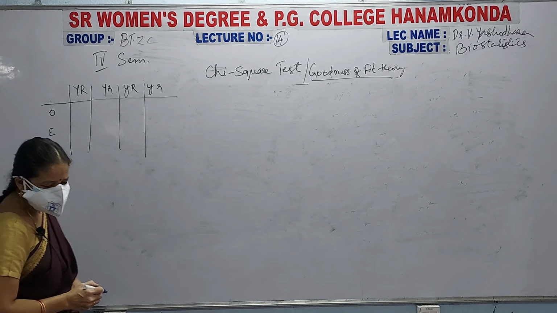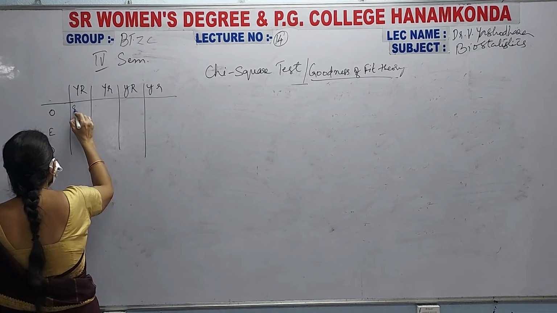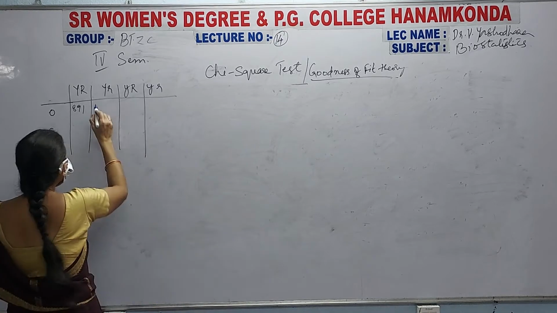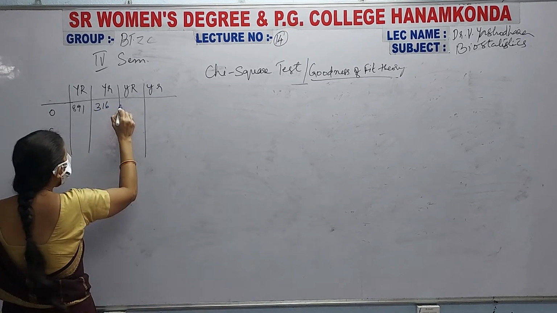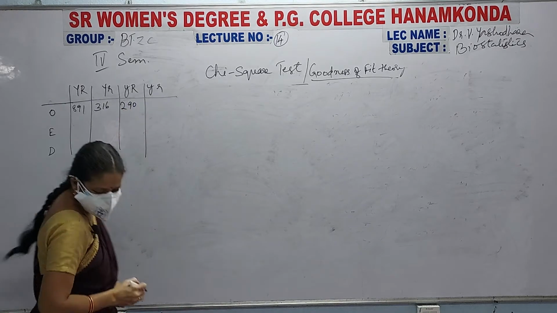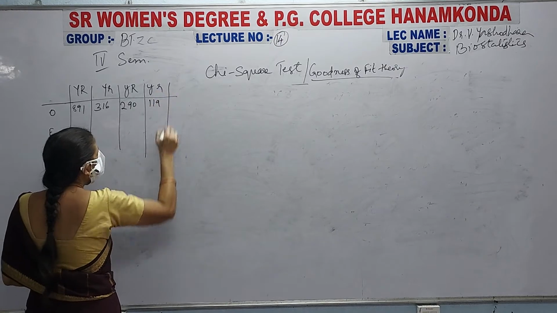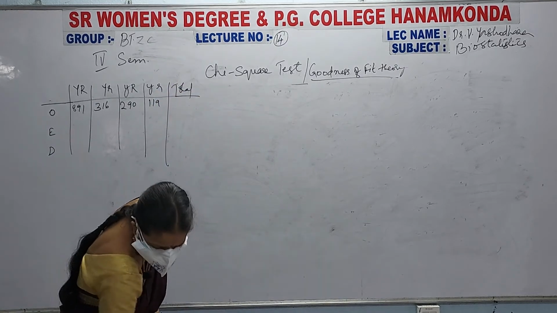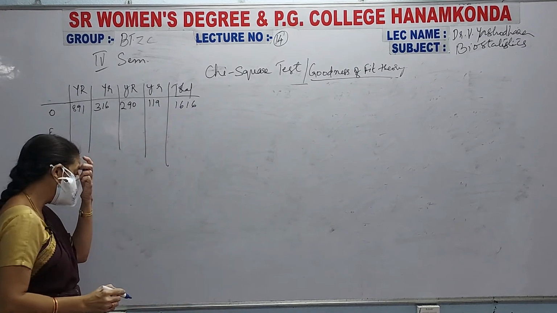The observed results are 891, next is 316, next is 290, and the last one is 119, and the total is 1616. Okay, the total is 1616.